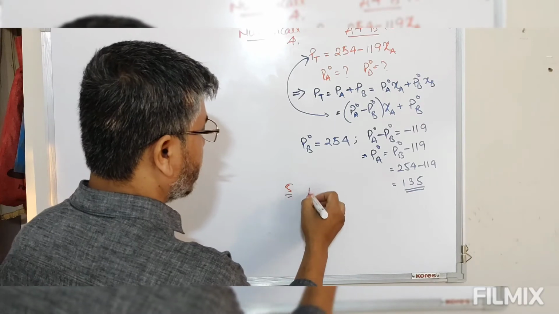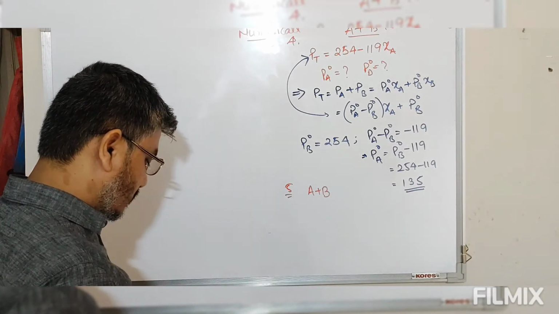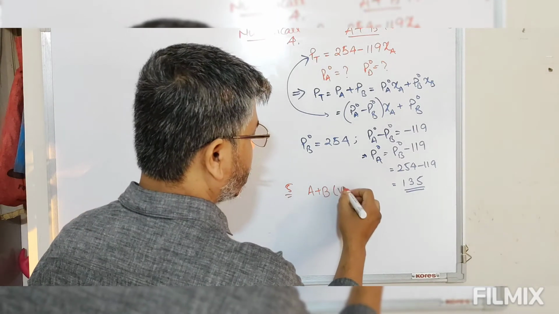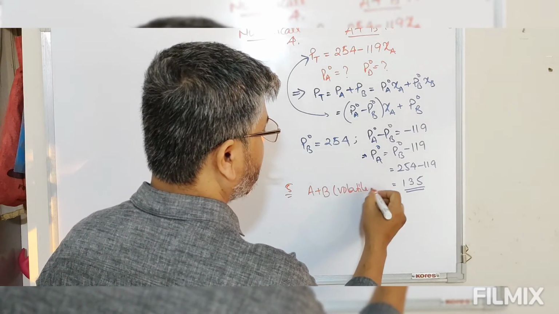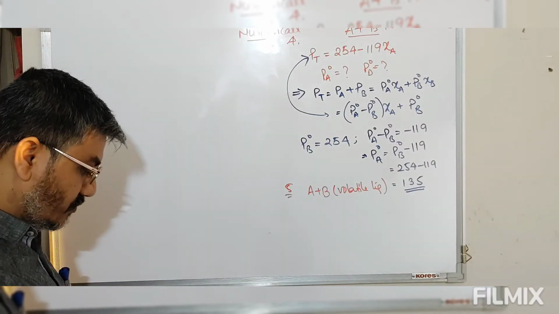Now the question says A and B form a liquid solution, both are volatile liquids.